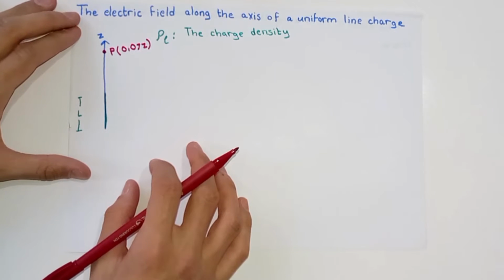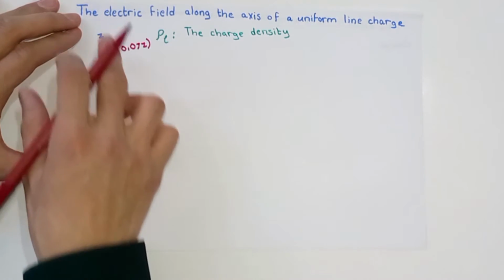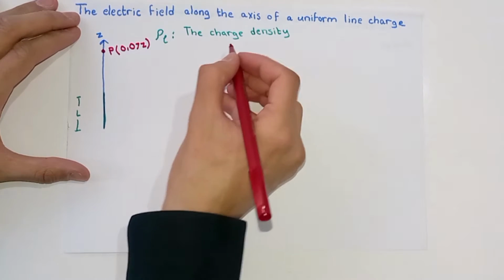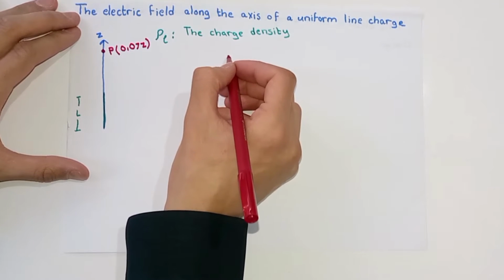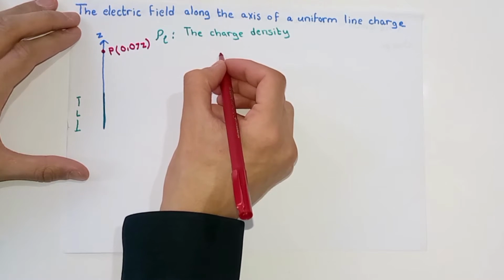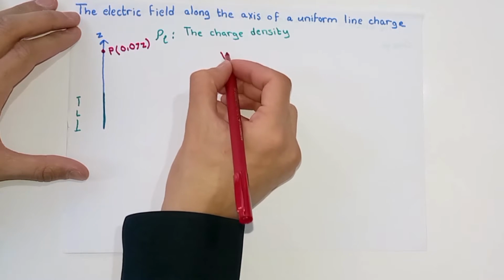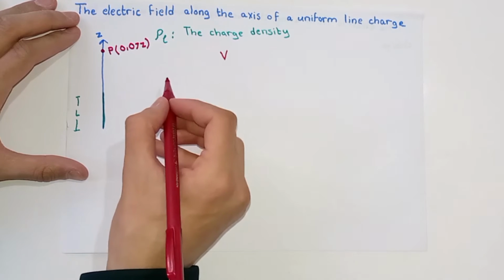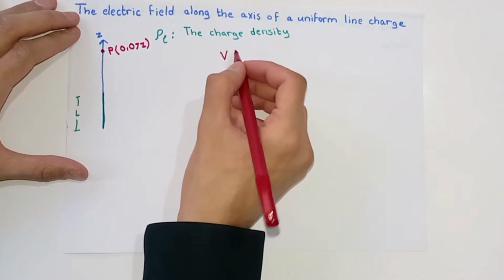The approach that we will pursue to find the electric field due to this line charge is applying the gradient operator upon the potential. So we want first to find the potential. We know the equation for the potential due to an arbitrary point charge in free space.